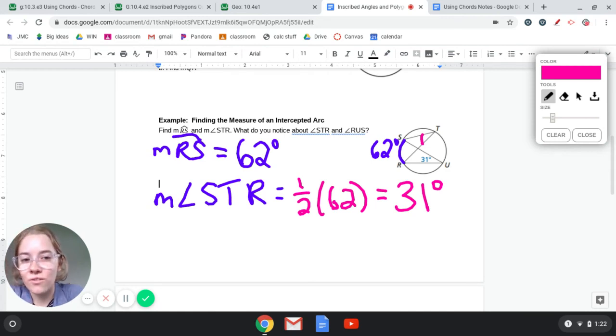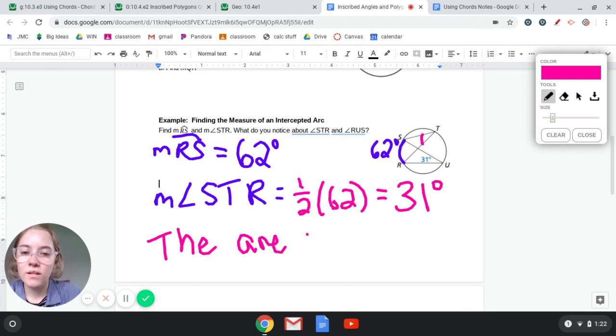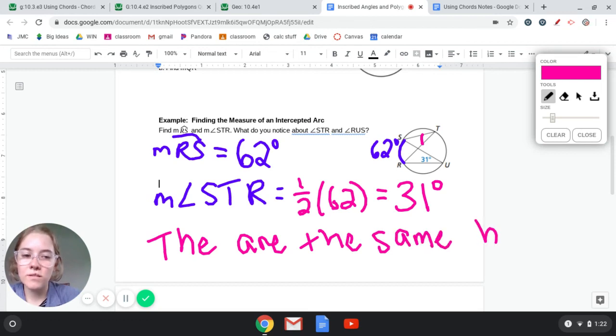Take a look at this angle T and this angle U. They both intercept that same arc. Therefore, they're the same measure. I'm going to write BC for because: they intercept the same arc.